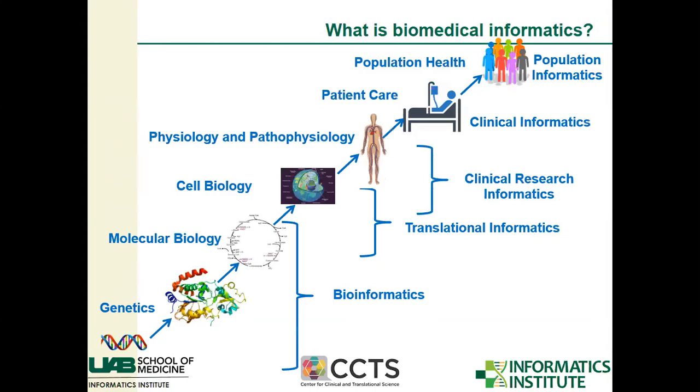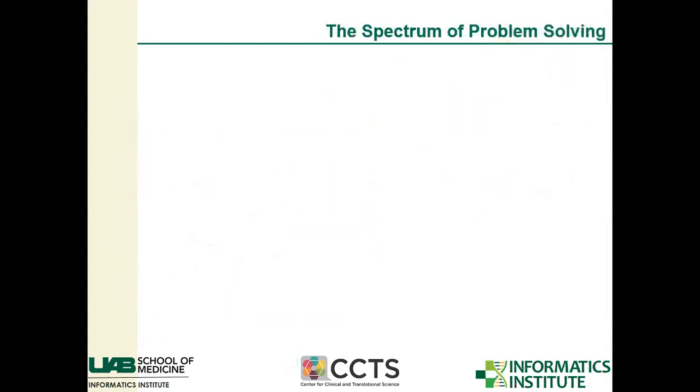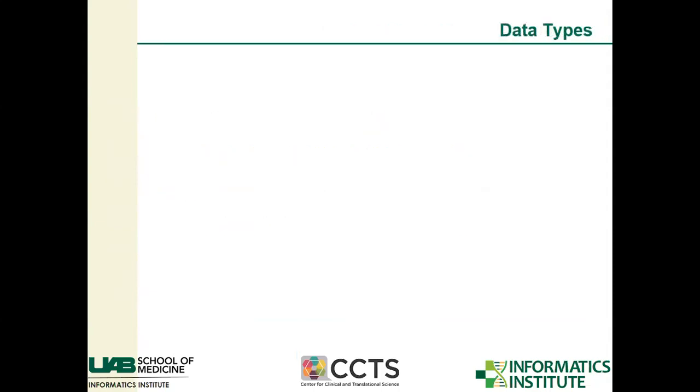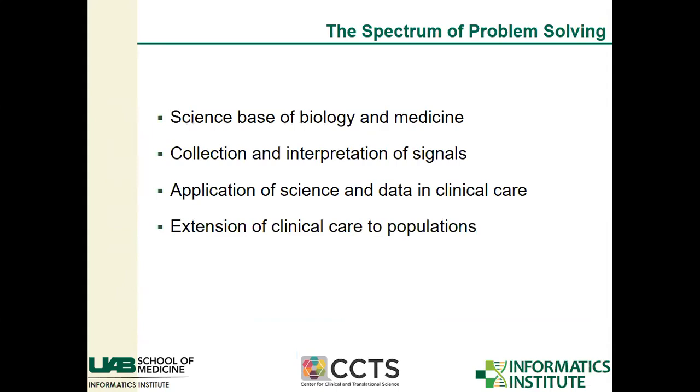There's a whole domain of public health informatics that is very much interested in surveillance and predictive modeling and recognition of population level interactions, population level events that require interaction and how to do that. So the spectrum of problem solving for informatics really could be just about anything you want.